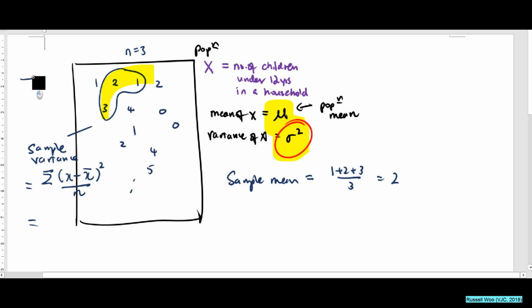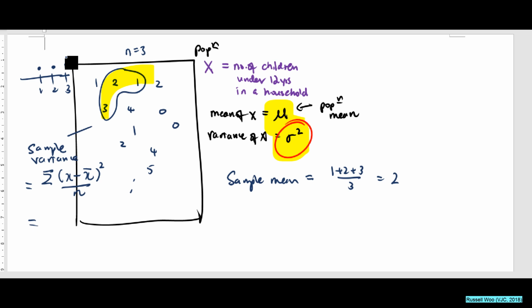That means I have 3 data points, 1, 2, 3. What is the mean? The mean is 2. I find the first x1 minus 2 square, 2 minus 2 square, 3 minus 2 square, divided by 3.